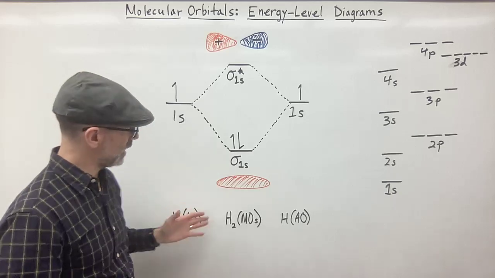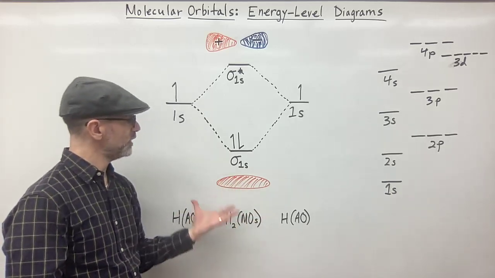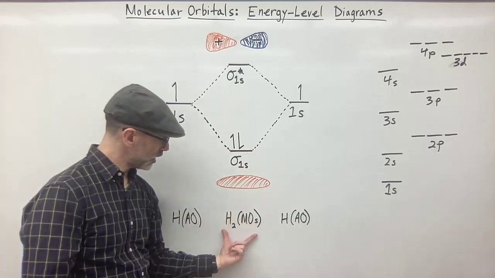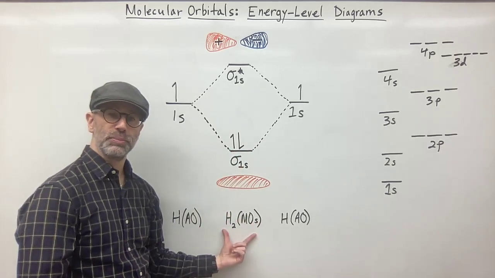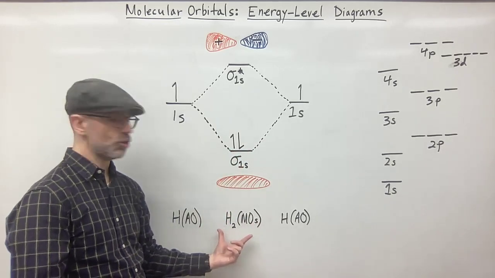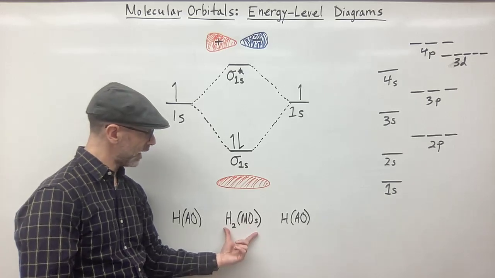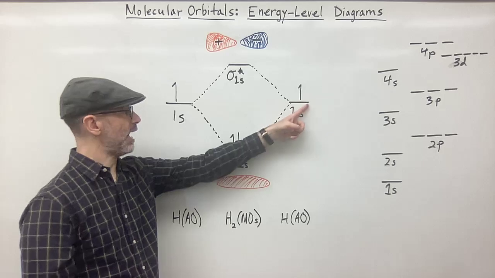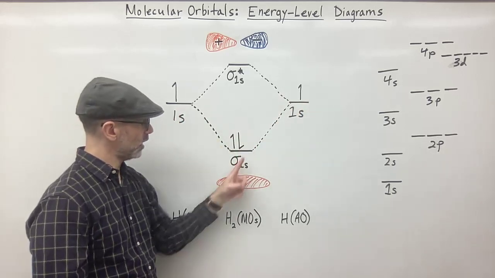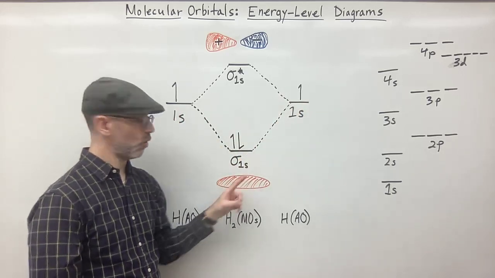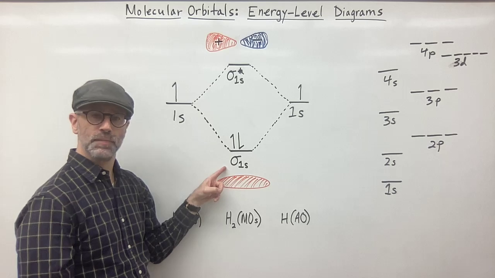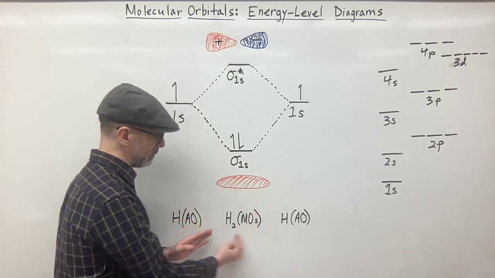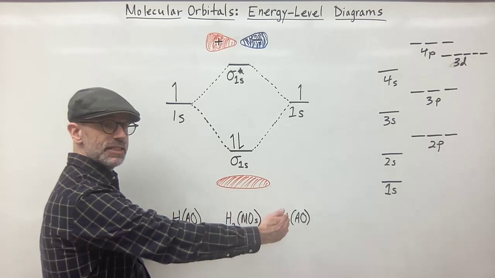And so we can see here that we can predict from the molecular orbital diagram that the hydrogen molecule is going to be stable, and it's going to form more readily than splitting it apart, because again, the two electrons that we have are going to fill up the bonding orbital, the sigma 1s bonding orbital, and therefore give the molecule stability, compared to if you were to separate the atoms.